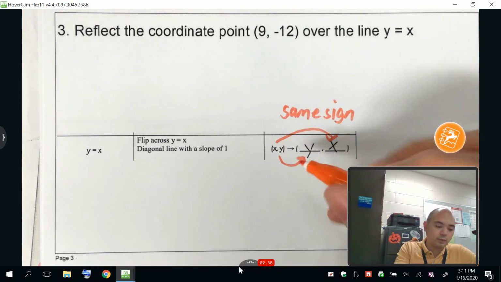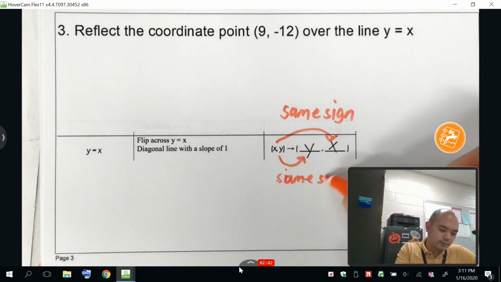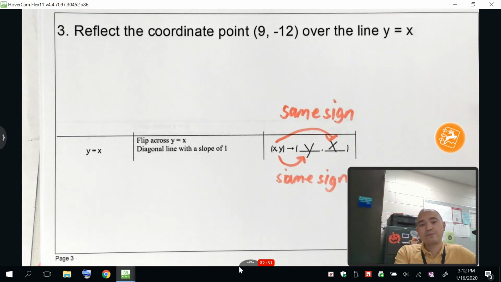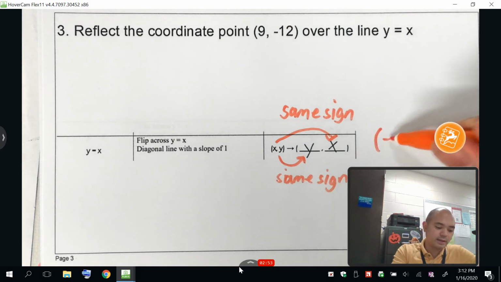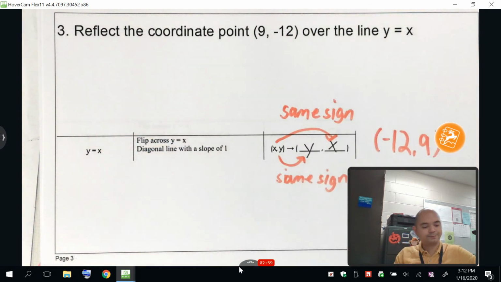That y and that y also have the same sign. So all you're doing is you take the x and the y and they switch places, they keep the signs. So take a minute to answer. And your answer should be (-12, 9). Again, x and y switch places.